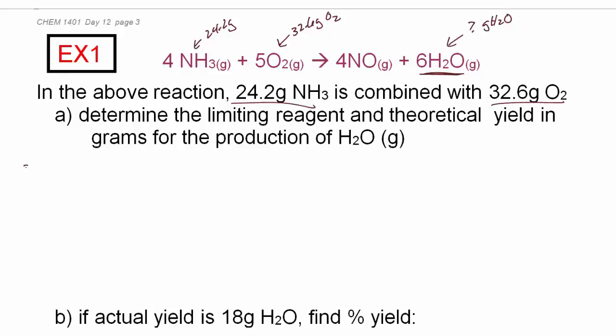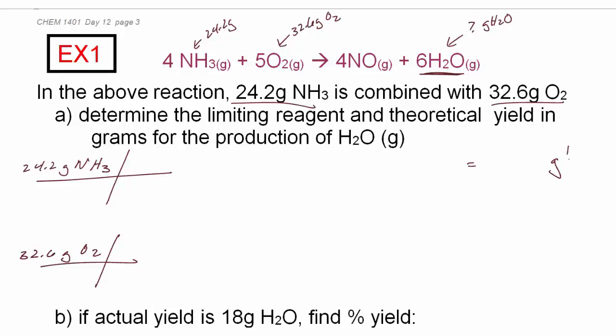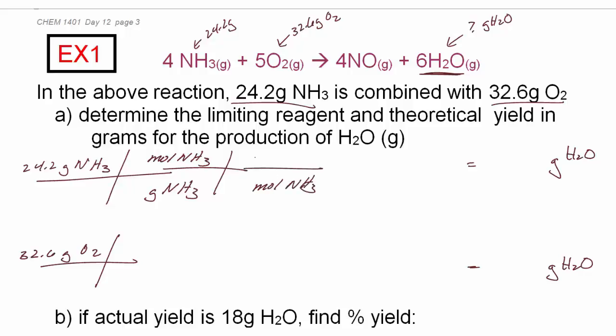Let's try it. So we have 24.2 grams of ammonia and 32.6 grams of oxygen, and we're going to convert both of those all the way to grams of water. So first we'll need molar mass, so we can use our mole bridge. Then the mole bridge, I want to end up in water.